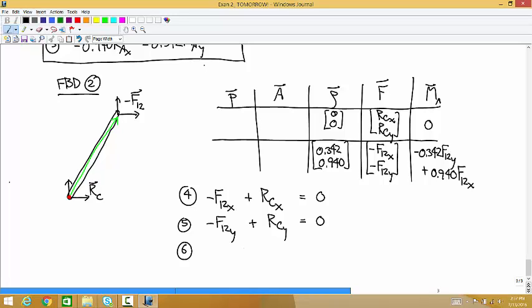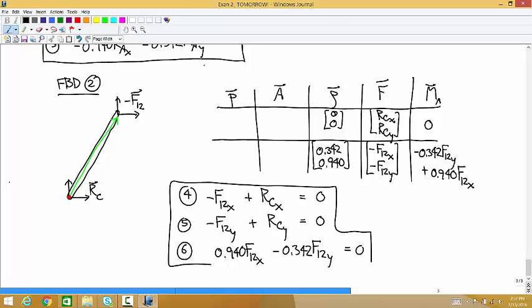And equation 6 says 0.940 F12x minus 0.342 F12y is equal to 0. So now we have 6 equations for 6 variables.